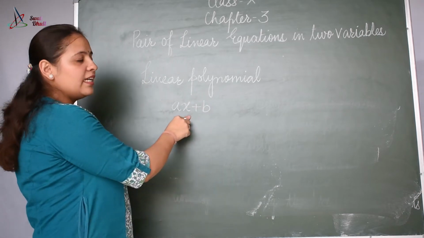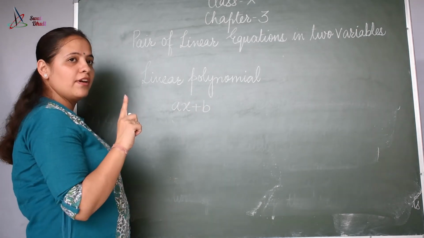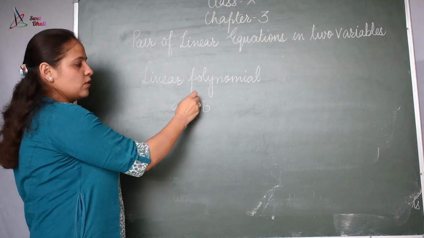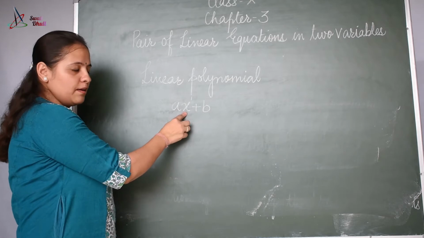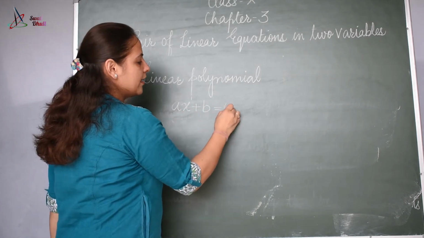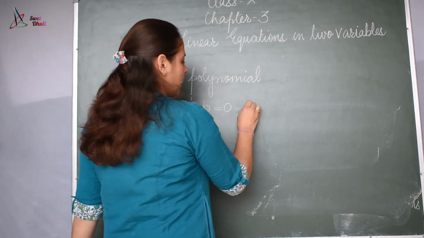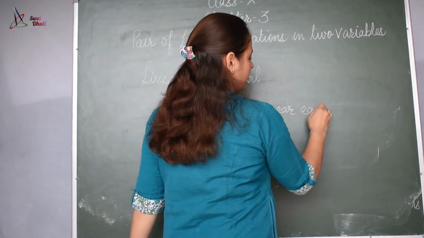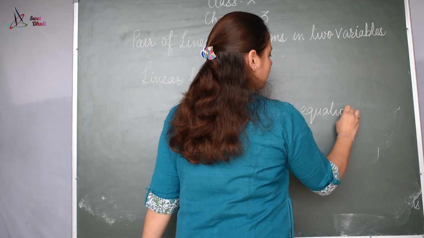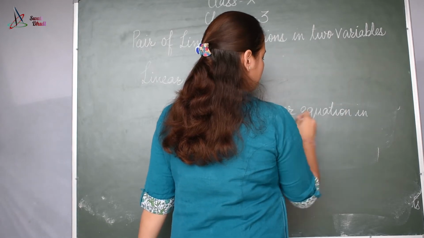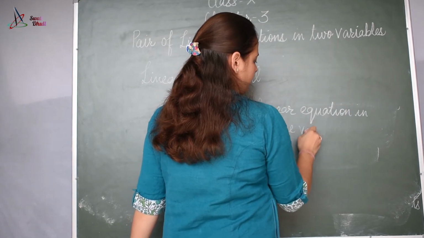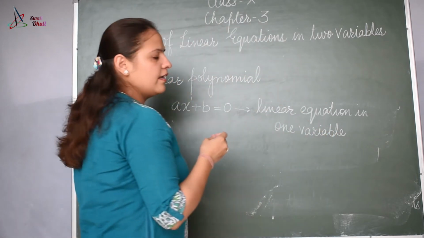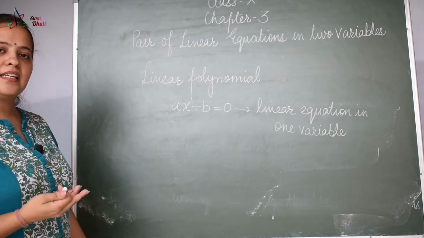This is a linear polynomial in one variable because here the highest degree of the variable is 1, because x is a variable, and when I equate it to 0, it becomes a linear equation in one variable, which you have already done in your class 7th and 8th.